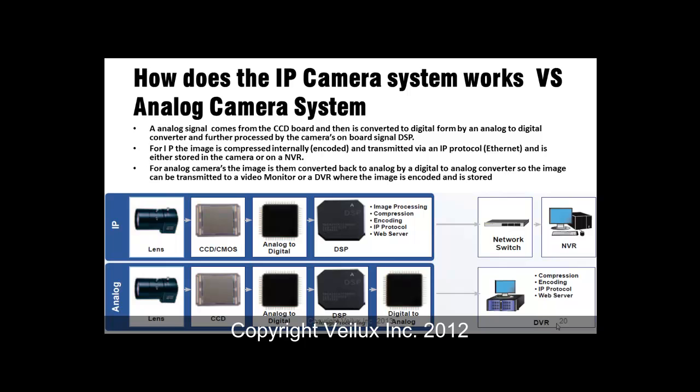For IP, the image is compressed internally, encoded and transmitted via an IP protocol over Ethernet, and is either stored in the camera or in the NVR. For analog cameras, the image is then converted back to analog by the digital to analog converter, so the image can be transmitted to a video monitor or a DVR where the image is encoded and stored.